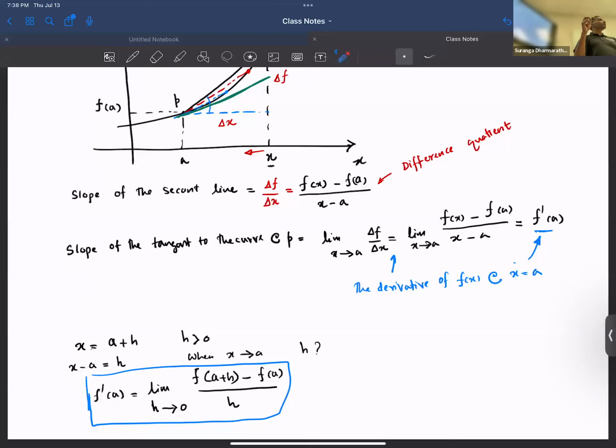The right hand limit should be equal to the left hand limit, right? If the right hand limit and left hand limit are equal to each other, the limit exists. If this limit exists, that means the function has a derivative at that point.